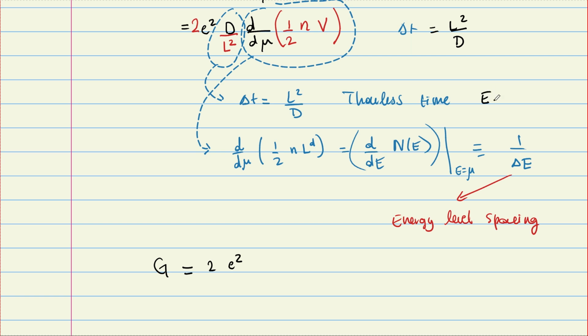Let me call it E Thouless, equal to h over this delta t, and this is going to be h D over L squared. Okay, I think that's good. So then the entire thing is going to be this Thouless energy divided by delta E.